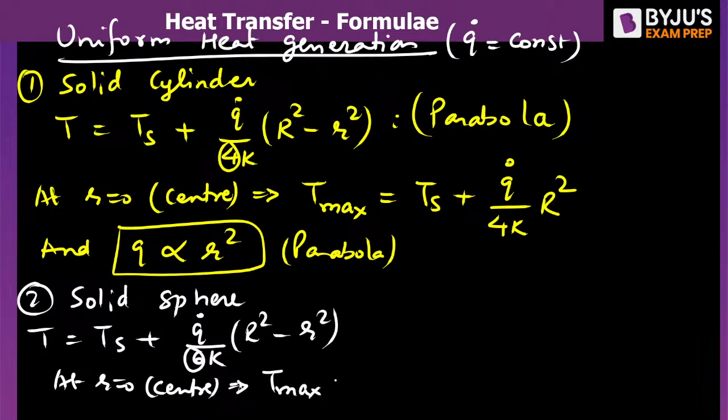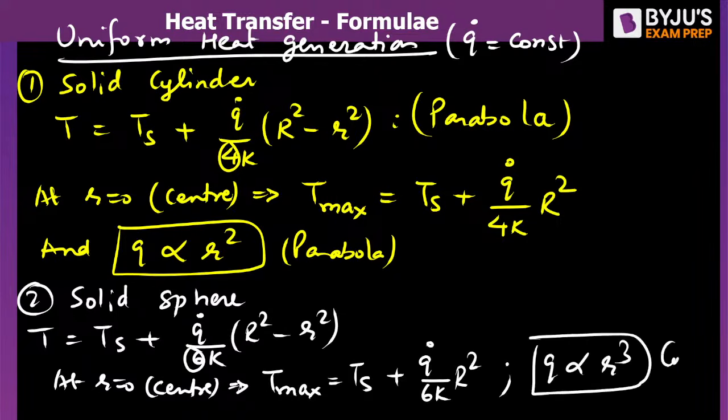So T maximum is equal to Ts plus Q dot by 6K into R square, where capital R is the radius. And Q will be proportional to r cube. Whenever there is heat generation in the system, the rate of heat transfer becomes variable.